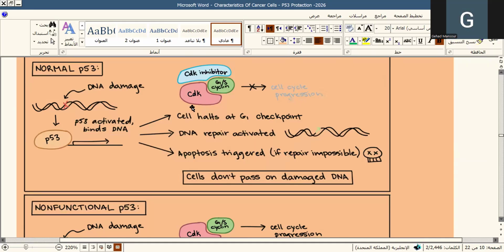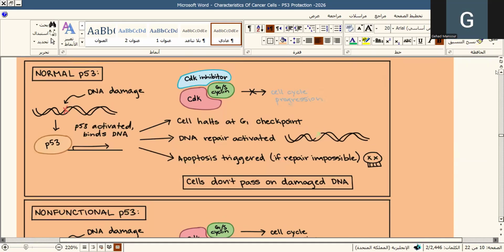They both depend on each other, and the kinase is responsible for phosphorylation of certain proteins to allow for cell cycle progression. But as you can see, when P53 is activated and binds to the damaged area of DNA, there is a molecule here, baby blue in color, called CDK inhibitor.